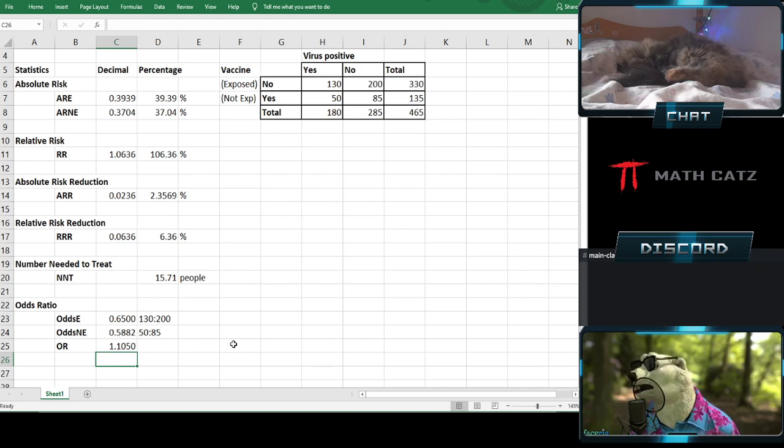The odds of getting the virus when you don't receive the vaccine is 1.1 times more than the odds of getting the virus if you do receive the vaccine. Saying the same thing, except in the odds language rather than the more direct and easier probability language. But it's the same thing.